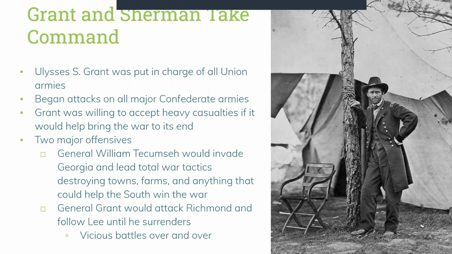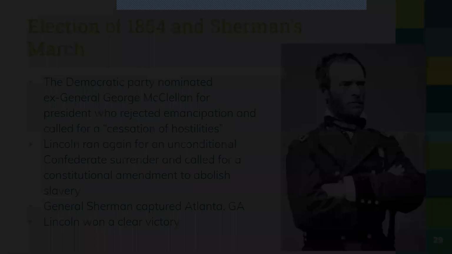And so he's going to order one of his generals, William Tecumseh, this should be Sherman, to go down into Georgia and lead total war tactics, which is destroying towns and farms and anything that could help the South win the war, they would destroy it. While General Grant would attack Richmond and follow Lee around until he surrenders. This would lead to vicious battles over and over and over again.